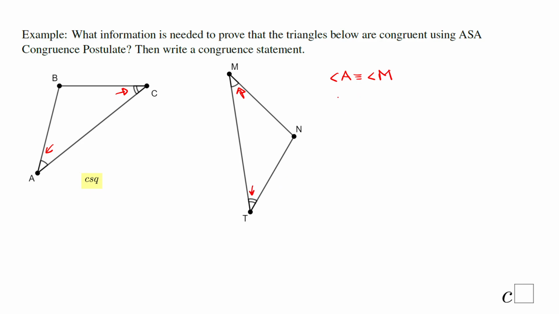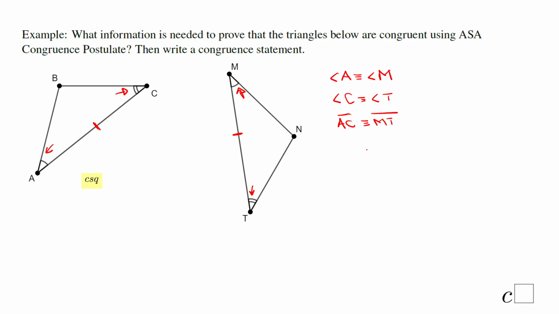So these are the two corresponding congruent angles. So we need one more part, this side, but not any side, the side between these two angles, the included side. That will be AC and MT. Segment AC needs to be congruent with segment MT.